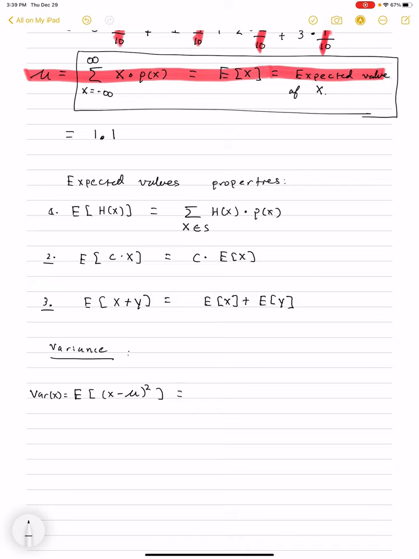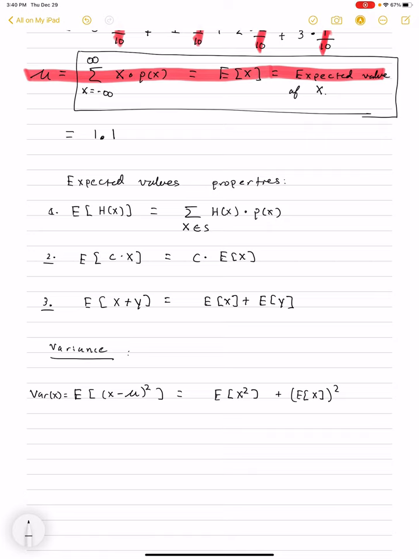If you use the properties above for expected value, you can show that variance is the expected value of x squared minus the expected value of x, quantity squared.